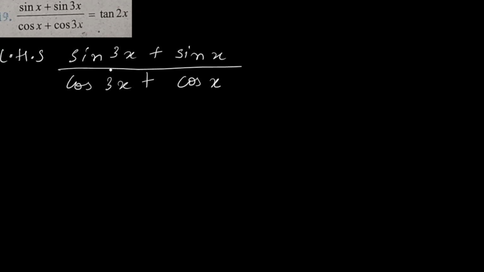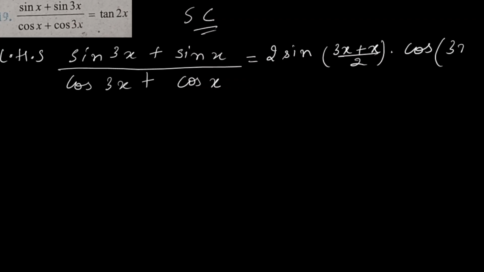Now same formula: sine will give us a combination of sine and cos. So if plus is there, sine will come at front. So 2 sine, we add the angles, 3x plus x by 2, into cos 3x minus x by 2, divided by cos and cos.